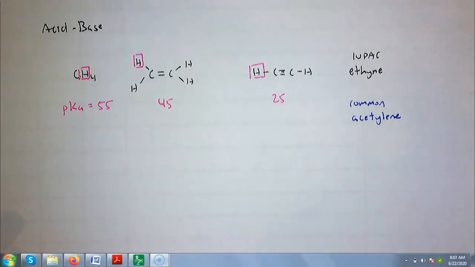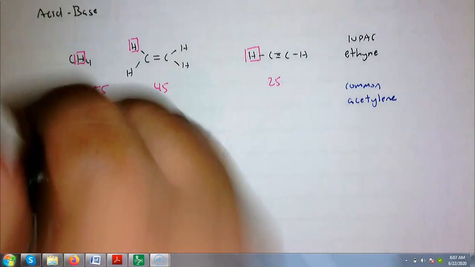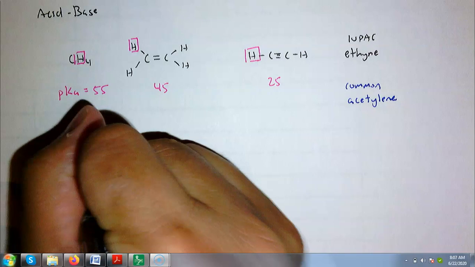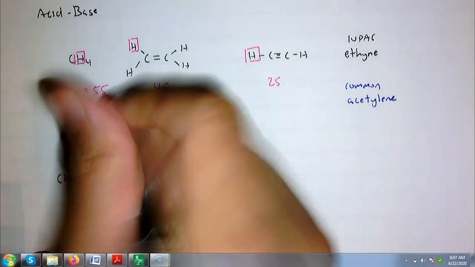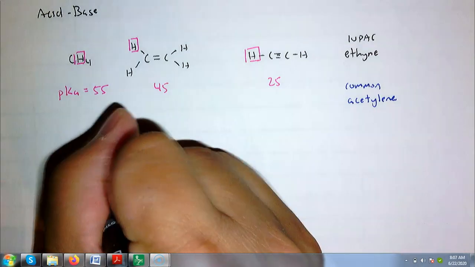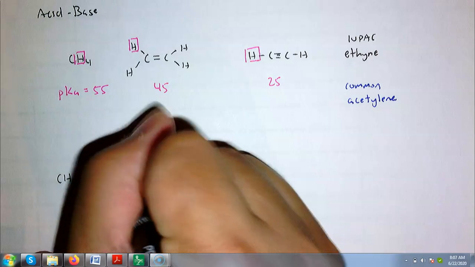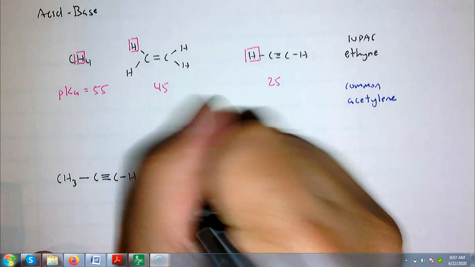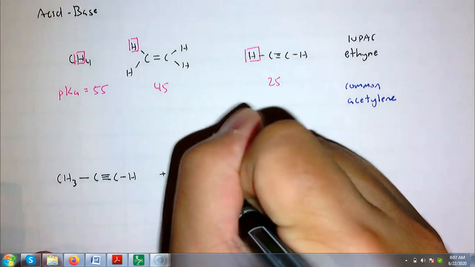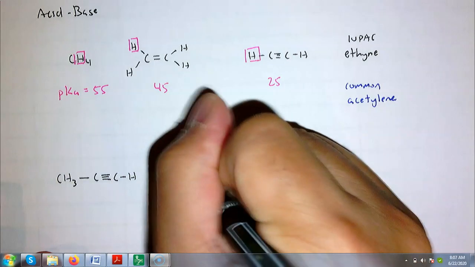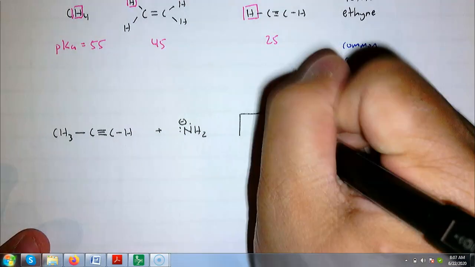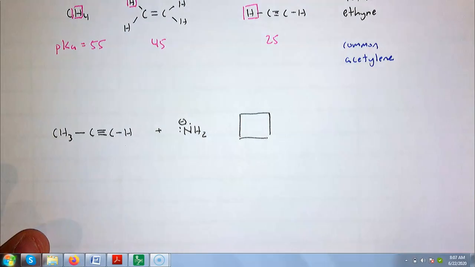Let me draw you an acid-base reaction, and we're going to go back and review how to figure out the products, how to figure out the equilibrium arrow, okay. Remember these types of problems?